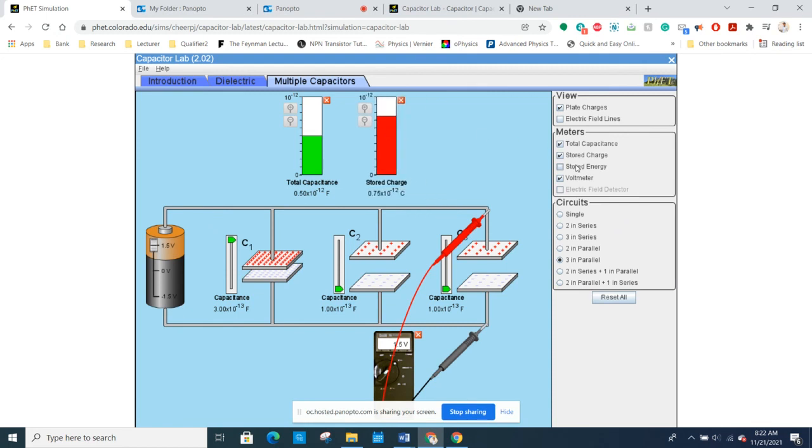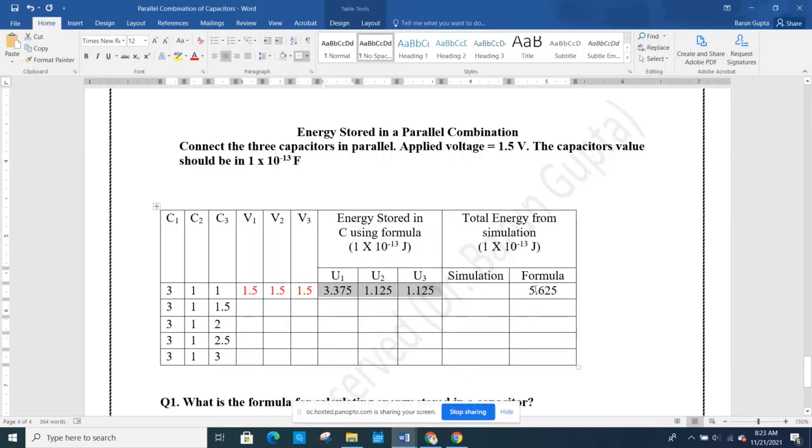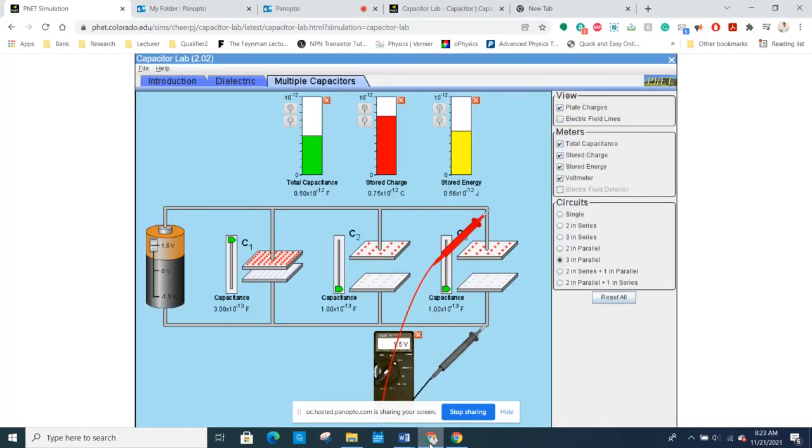All right. And then you can verify here 5.625, the total energy. In order to see the total energy, you simply click the total stored energy, and that is 0.56, which makes perfect sense. That's the number we calculated from the formula, and this is from the simulation. The simulation just tells you whatever the number is, and you write it down here, 5.625, or if it is only saying 5.6, you can simply write down 5.6 because you can only read 0.56 here.